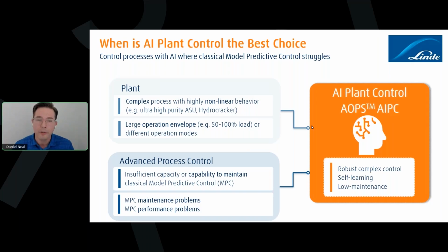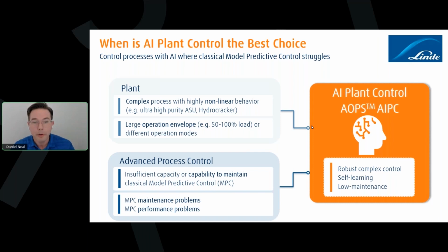And so our processes exhibit highly nonlinear behaviors. They also have a very large operating envelope, where sometimes we're at 40%, 60%, 100% for a variety of reasons. So the operating envelope that we have to operate in can be challenging.